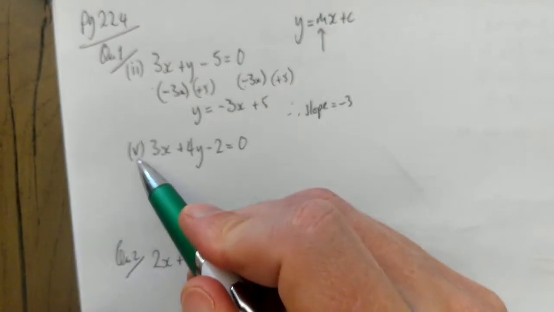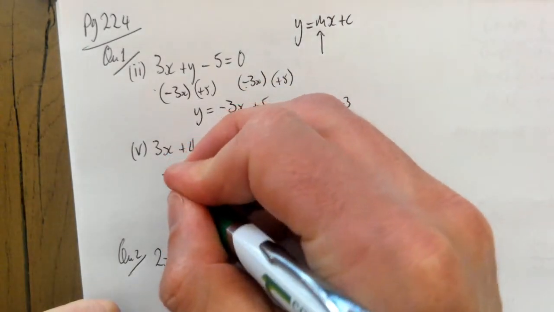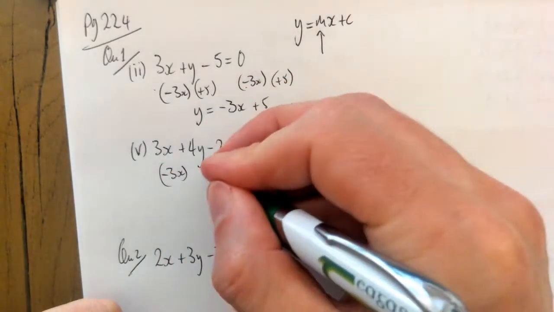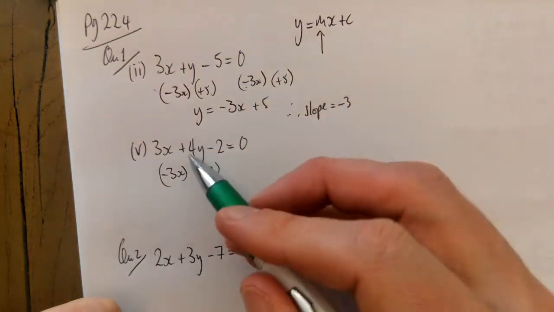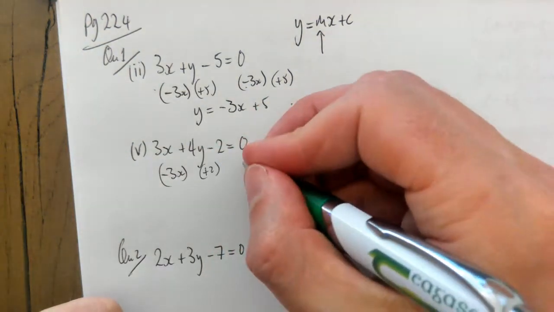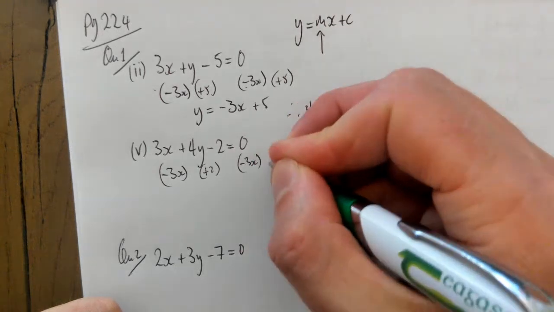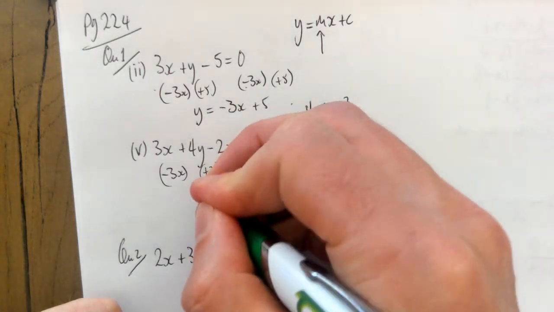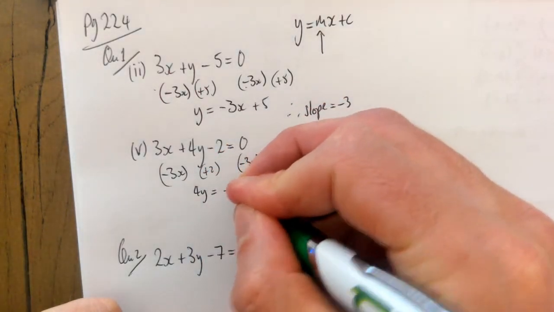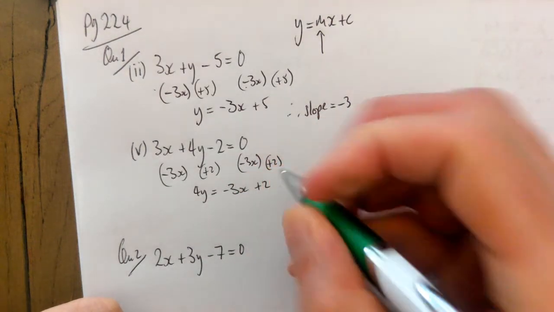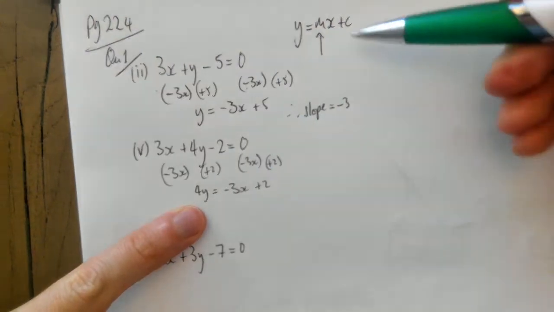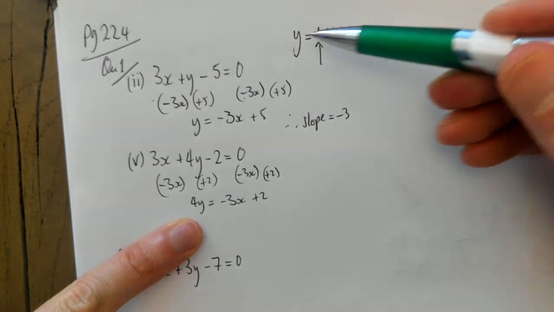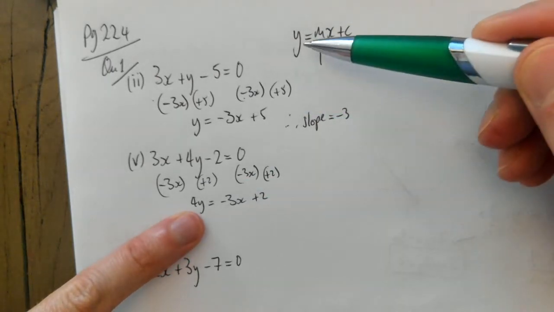Now this is part 5. I'm going to take away 3x, because it's positive 3x, and I'm going to add 2, positive 2. So I end up on this side with just 4y. I have to do it to this side as well. So 4y is equal to minus 3x plus 2. This is not in the form y equals mx plus c, because this is 4y, we need it to be y is equal to.